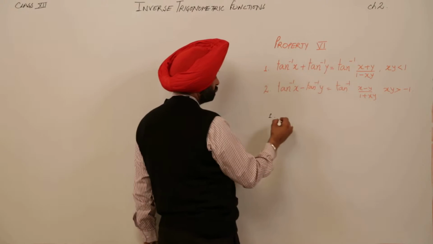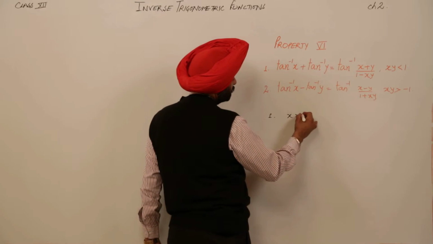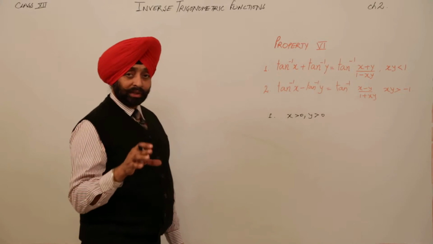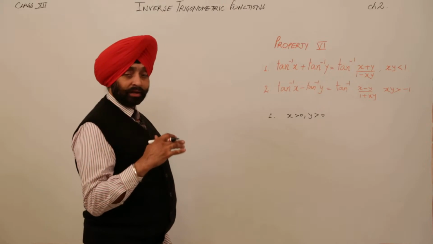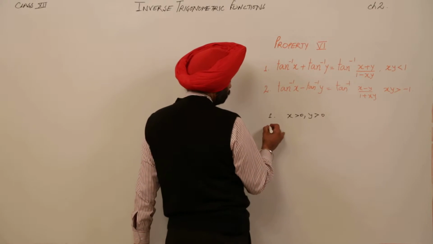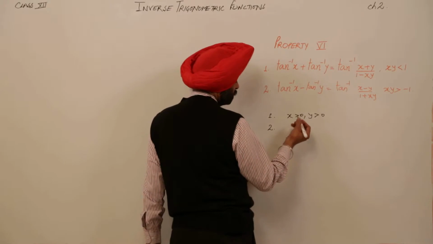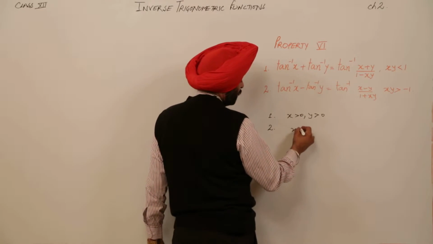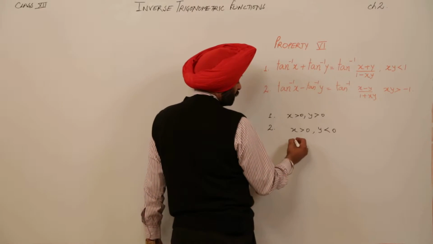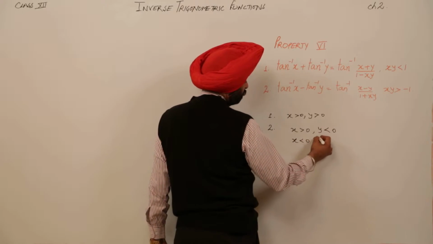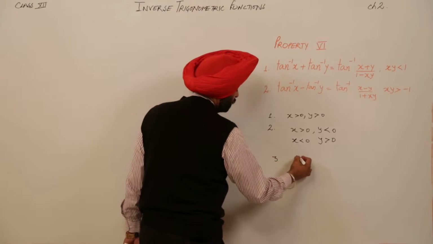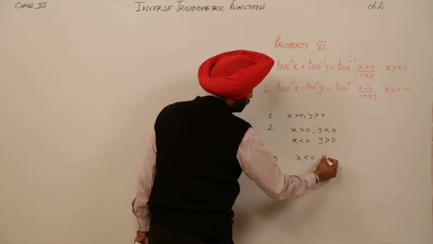Number 1, x is greater than 0, y is greater than 0. Now your doubt is cleared that both x and y are greater than 0. Number 2, x is greater than 0, y is less than 0, or x is less than 0, y is greater than 0. And number 3, x is less than 0, y is less than 0.